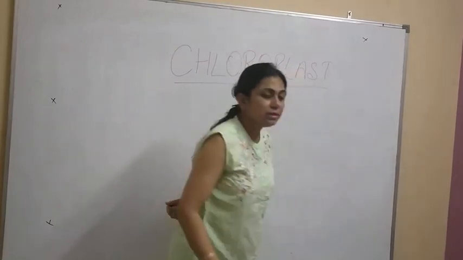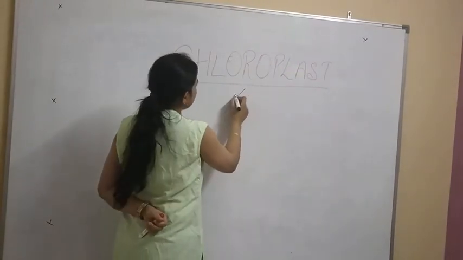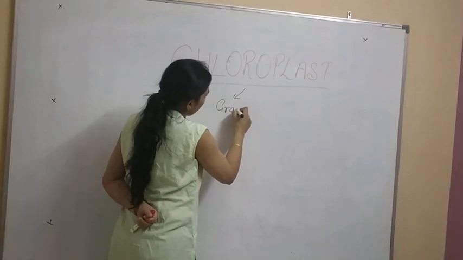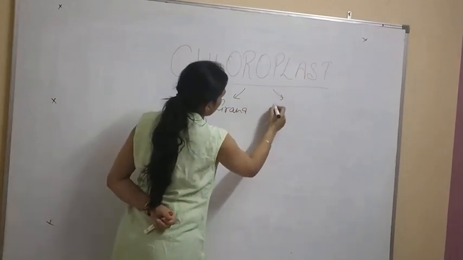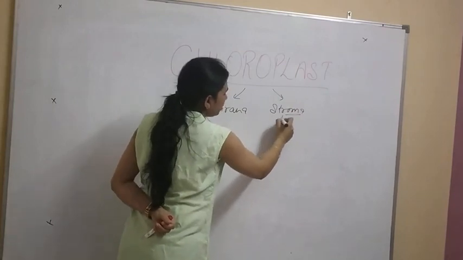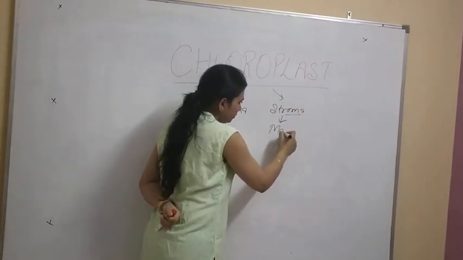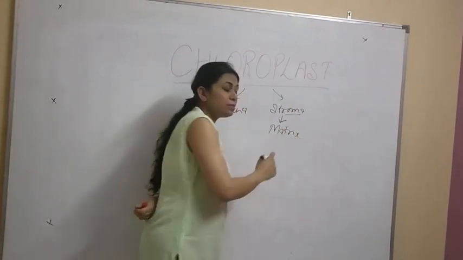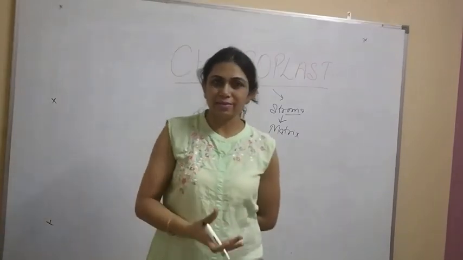This chloroplast has two regions. One is grana and another is stroma. The stroma is a matrix region. It is a jelly-like substance.